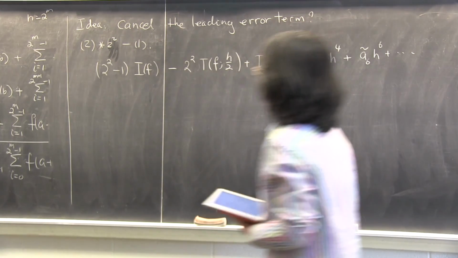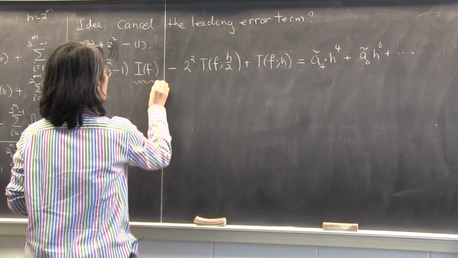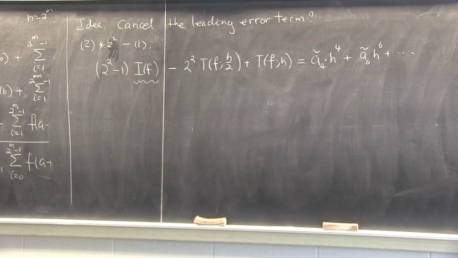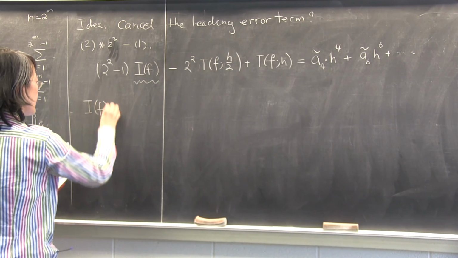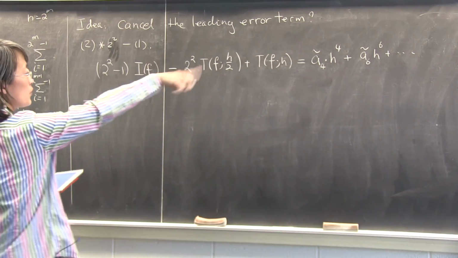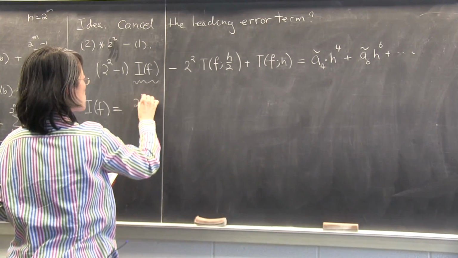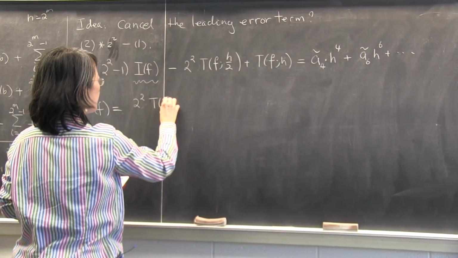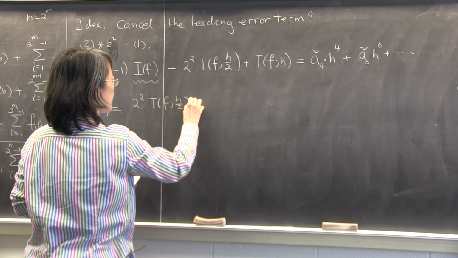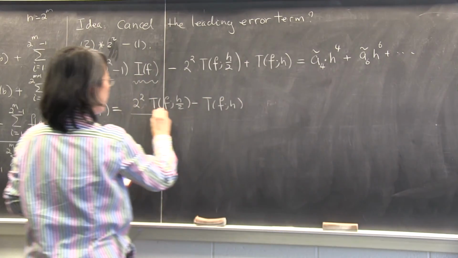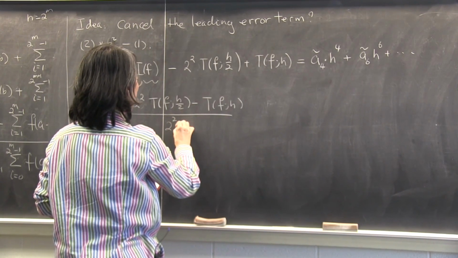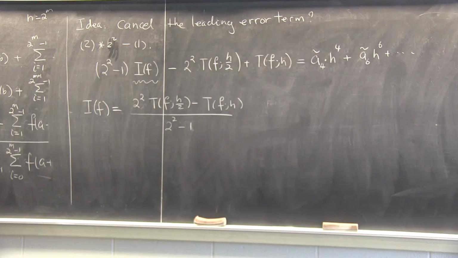I want to find an approximation to this guy. So can I write this on the left-hand side, and move everything else to the right-hand side? Let's do that. I of f now equals 2 squared T_f(h/2) minus T_f(h), over 2 squared minus 1, right?